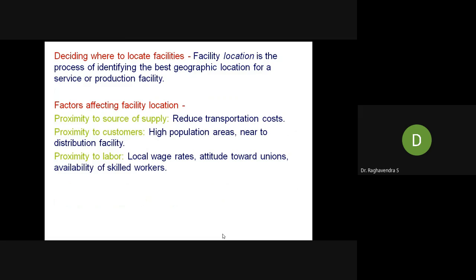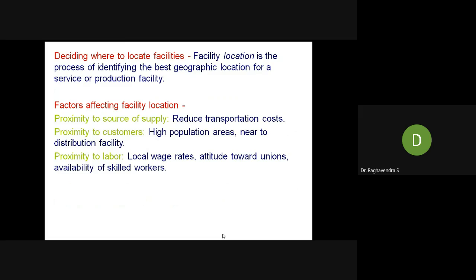Example, you can take Mangalore. There many people go for fishing and they will take the fish. But if you start a processing industry in Bangalore, then transportation becomes a major problem. That should not be.